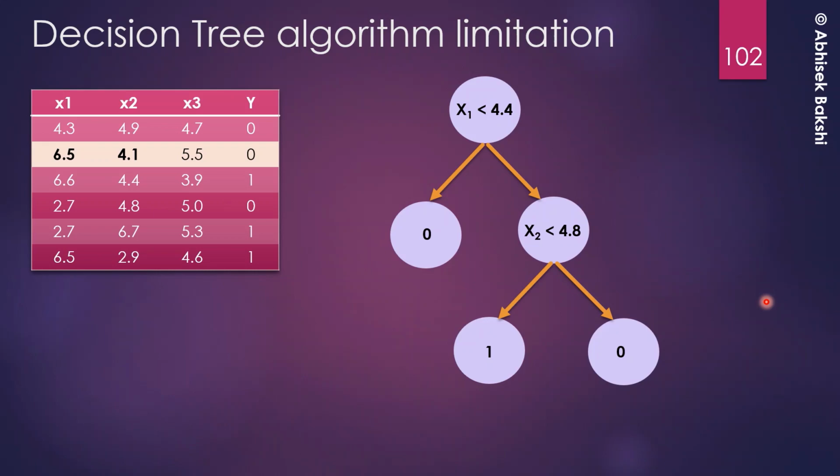So why forest? We all know a lot of trees makes a forest. Here also we will create a lot of decision trees, and based on that we will somehow decide in which class it should be.